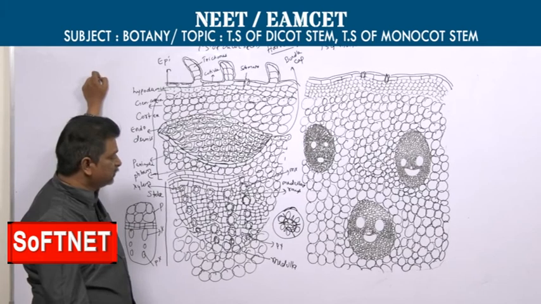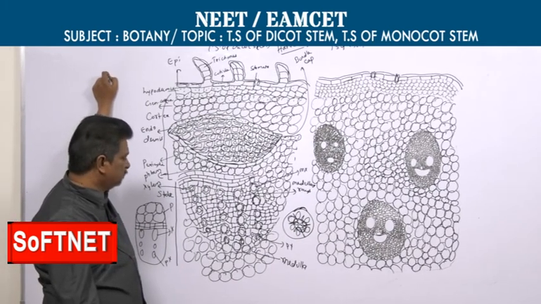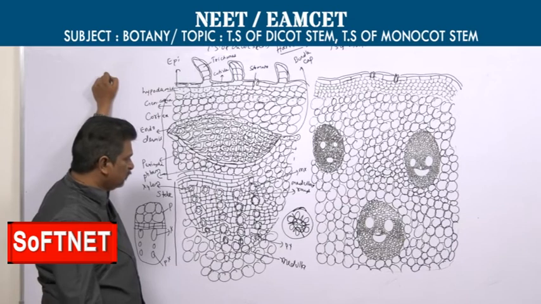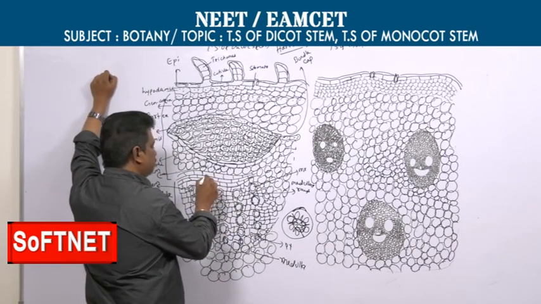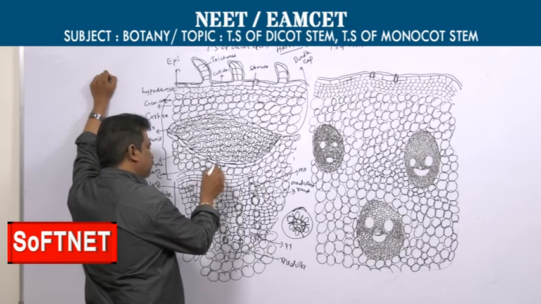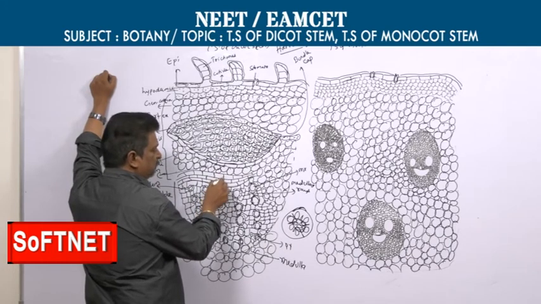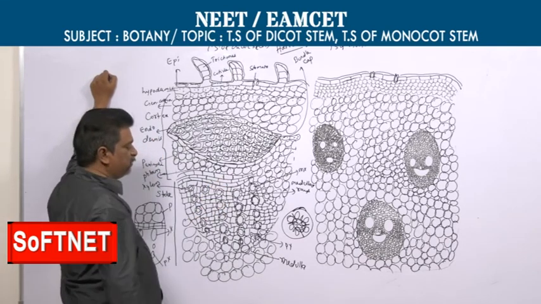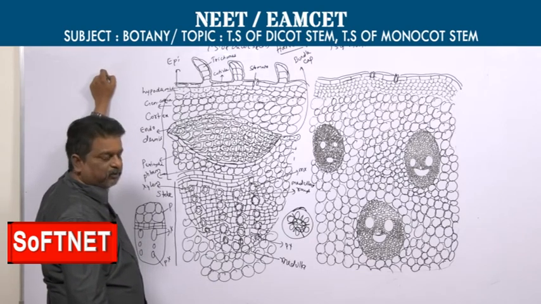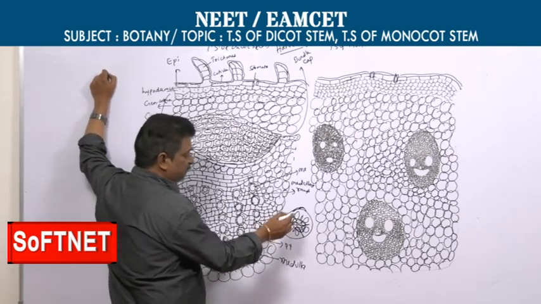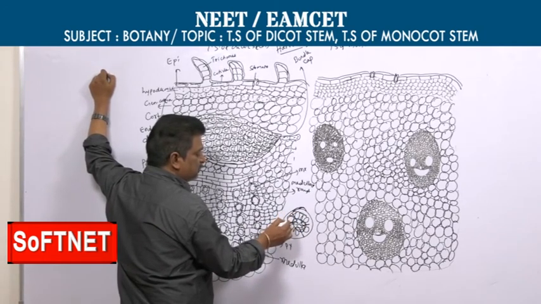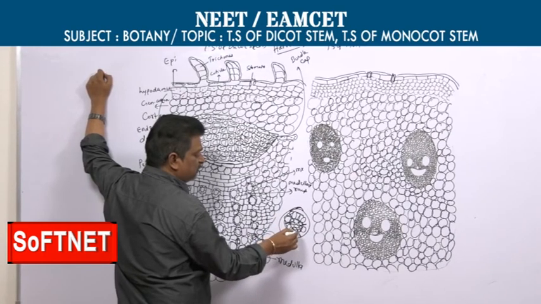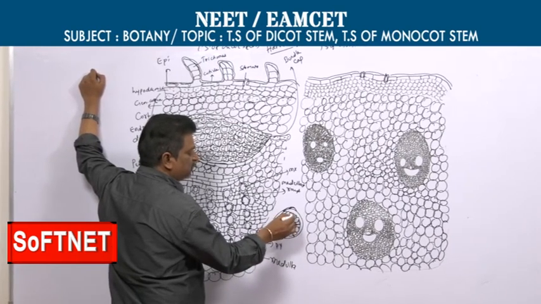So, there are two types of cambia in dicot stem. One is intrafascicular, which is primary meristem, present between primary phloem and xylem, a persisting part of the procambium. Second one is interfascicular, present in between vascular bundles.